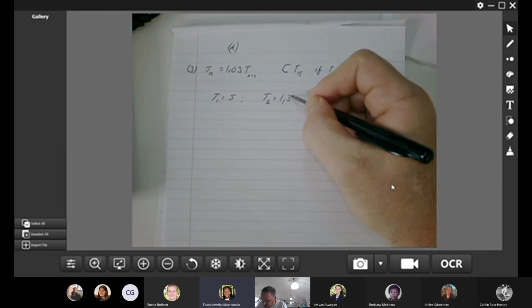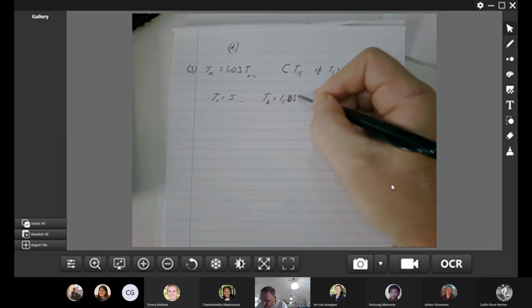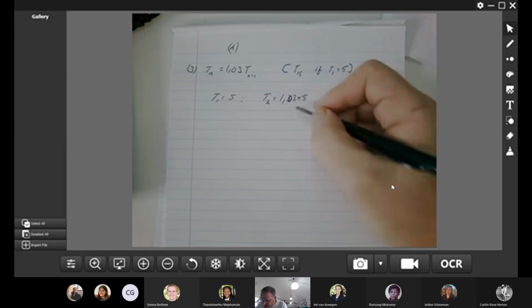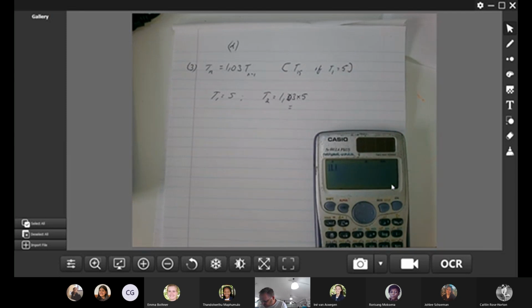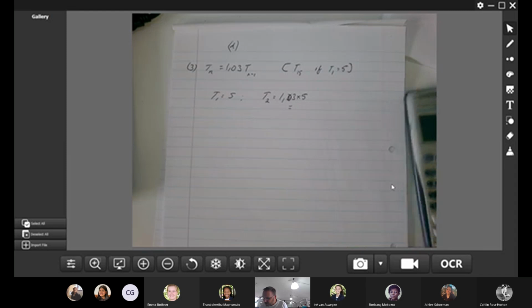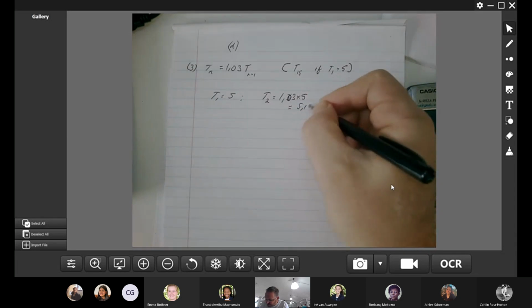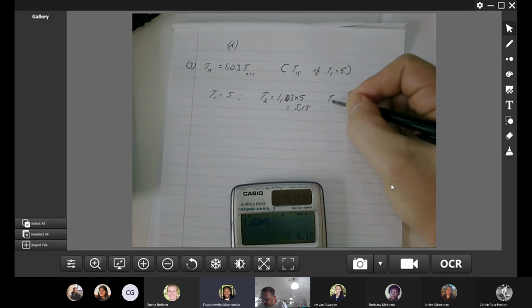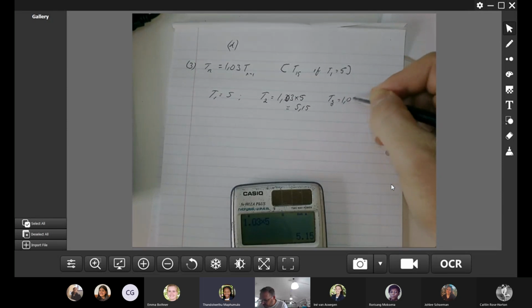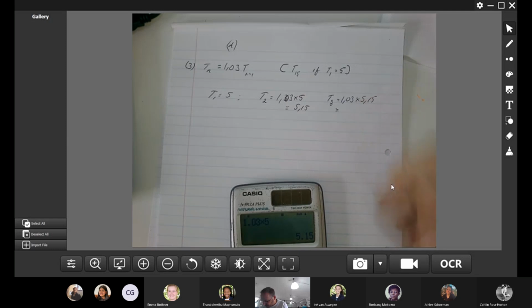Good. So term 2 will be 1,03 times 5, which is 5,15. And then what do I have to do to 5,15? I also have to multiply by 1,03, and we're going to get 5,3045. You don't really have time normally to write this out, I'm just explaining it.